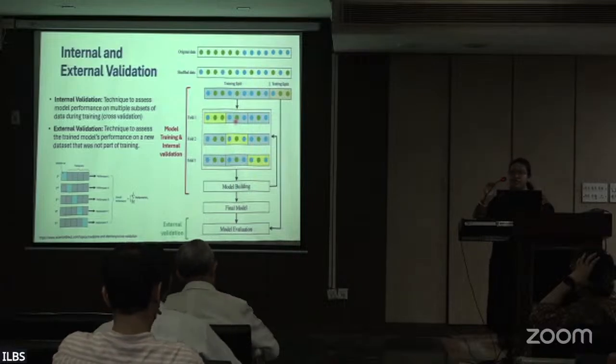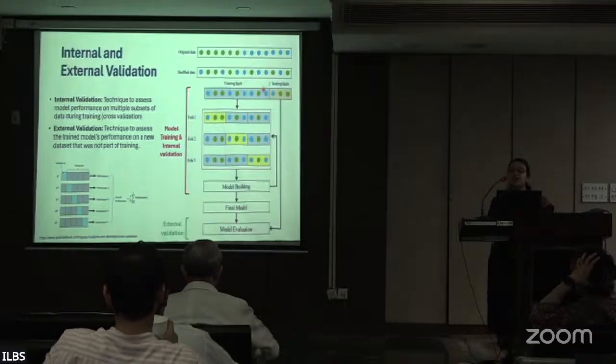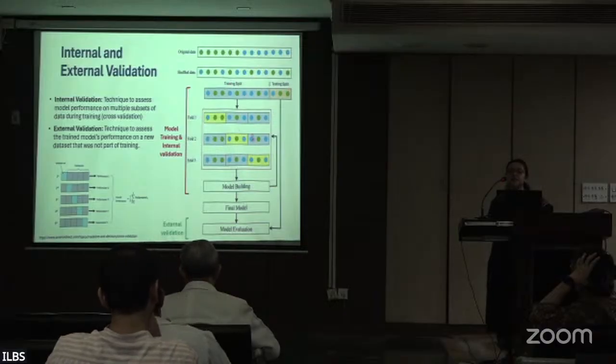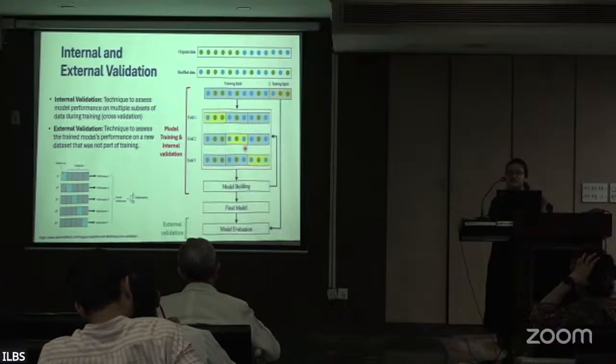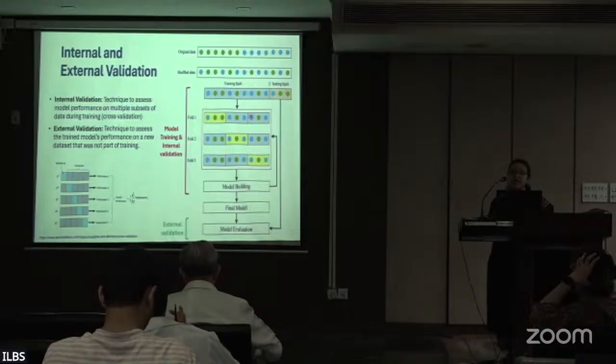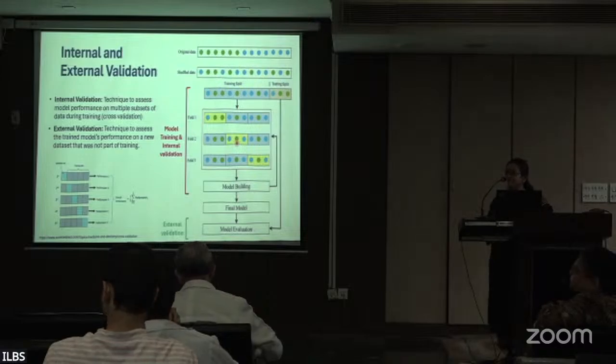What we do with training and testing split, the model is doing internally with its own learning. Every time one fold is used for testing and the other folds for training, and each time the testing and training folds are shifted.